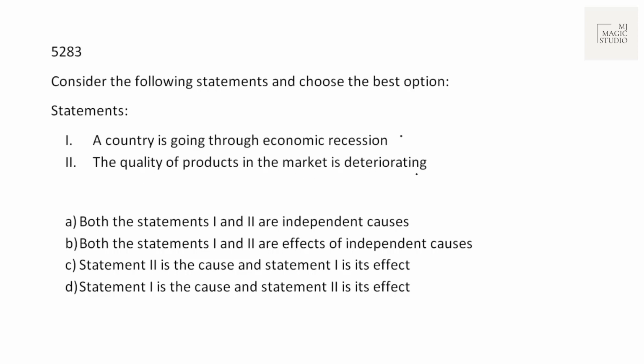And quality of products in the market is deteriorating is all because the production team is not working properly. So these two are not independent causes, but these two should be effects of some independent causes. This might be due to some other reason. So I would be selecting both the statements 1 and 2 are effects of independent causes. Option B should be the pick.